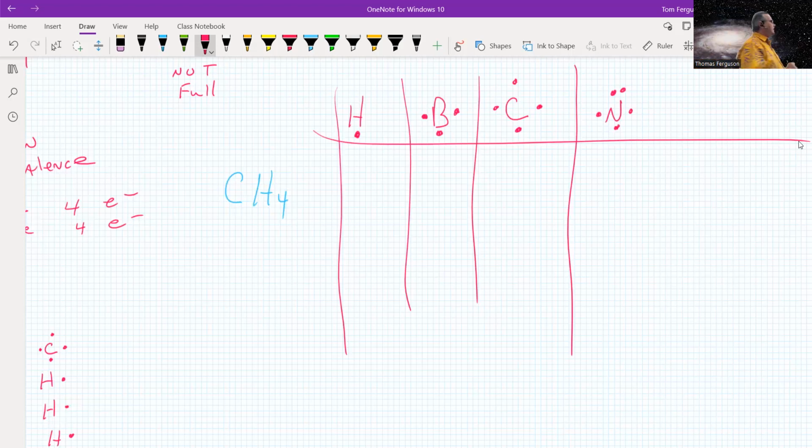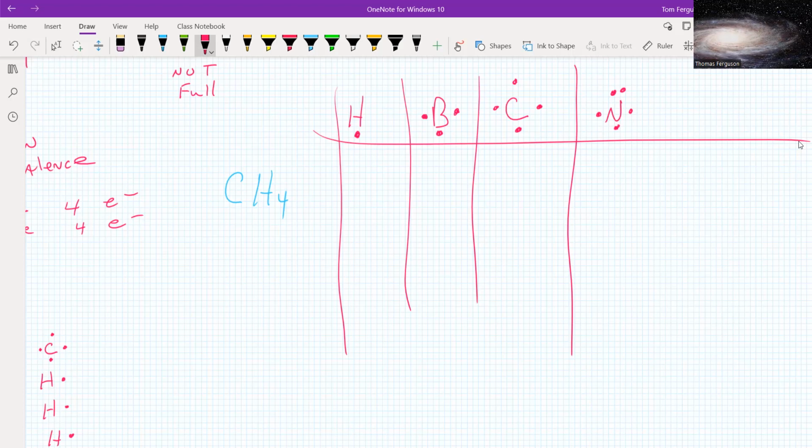Nitrogen has 3. Now, notice I didn't say 5, I said 3, because we're looking at the singleton electrons, not the pairs. So once we get above 4 valence electrons, electrons start pairing up. And we'll talk about why they're pairing up.